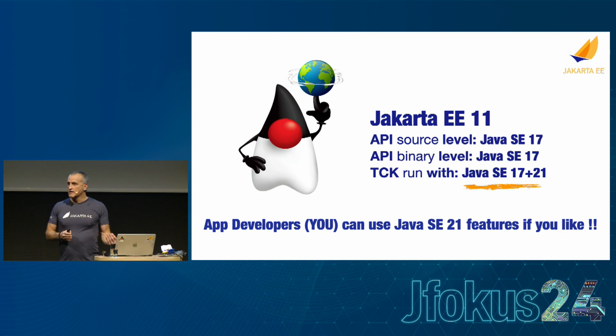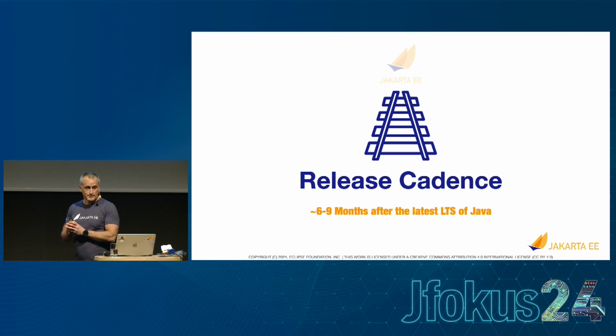And that's good, especially when we look at those that are not part of the platform, the implementations of, for example, persistence, like Hibernate. If we had done 21 all over here, we would have forced everybody who's using Hibernate onto 21. And that may have been a little bit too aggressive. So this is what we're going for now. There were a bit of discussions and some controversy and not everybody agrees, but that's where we are.